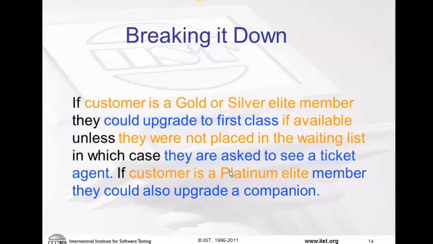And the answer is yes, it's only one companion. Then Tammy says, do requirements already exist to define customers, loyalty programs, and waiting lists? What does the software do if the ticket agent intervenes?